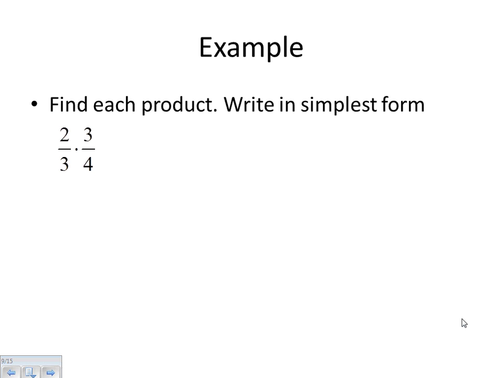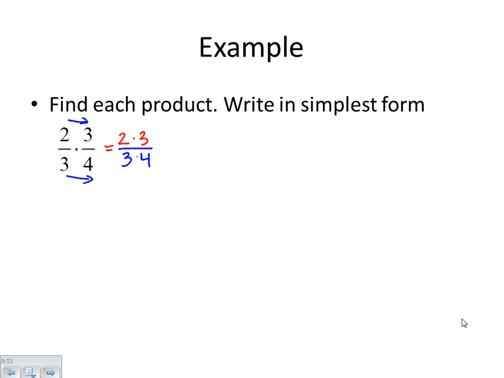Okay, so this one is 2/3 times 3/4. Remember, when we multiply fractions, we multiply straight across. So this turns into 2 times 3 over 3 times 4.